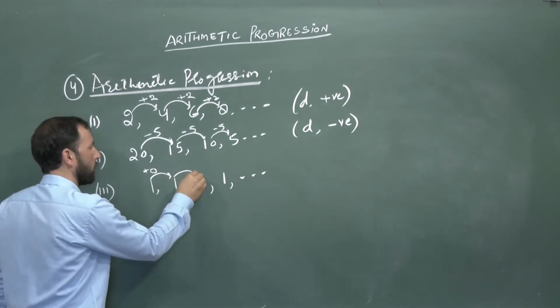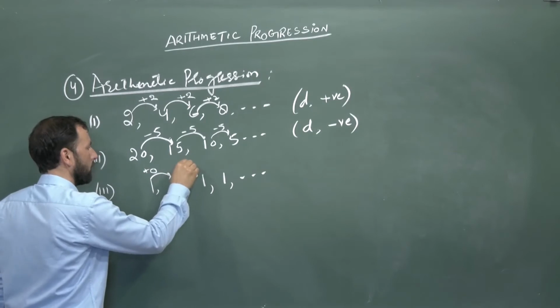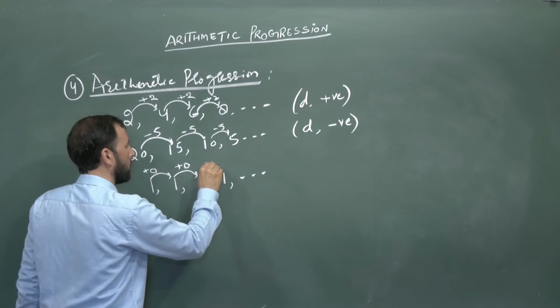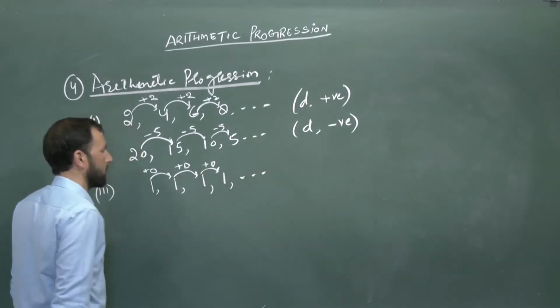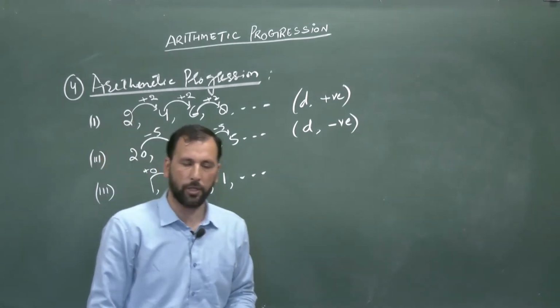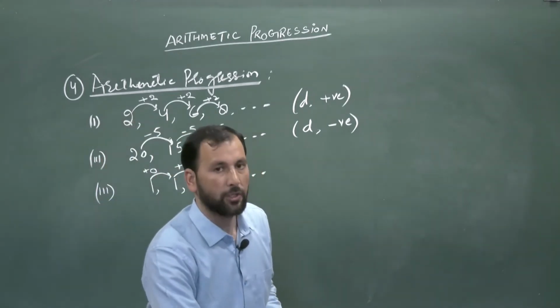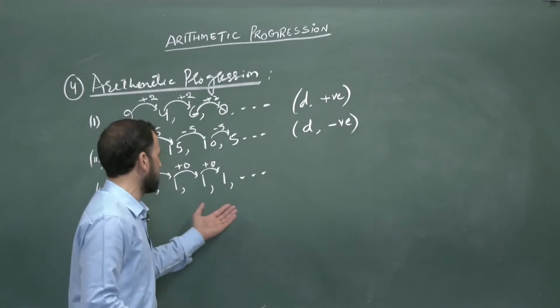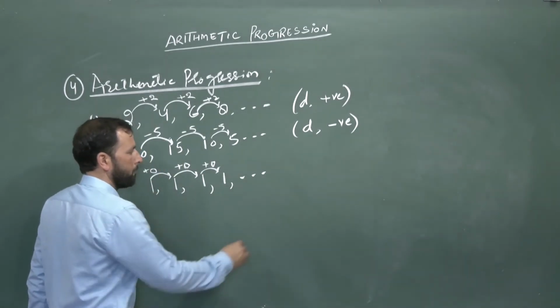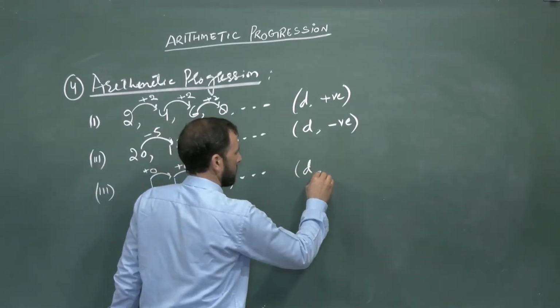If we add 0 to 1, we get another number. So here the common difference is 0 everywhere. So this list of numbers is also said to be an arithmetic progression, because if we add 0 to the preceding terms, we get the next term. So this one is also an arithmetic progression where D is 0.